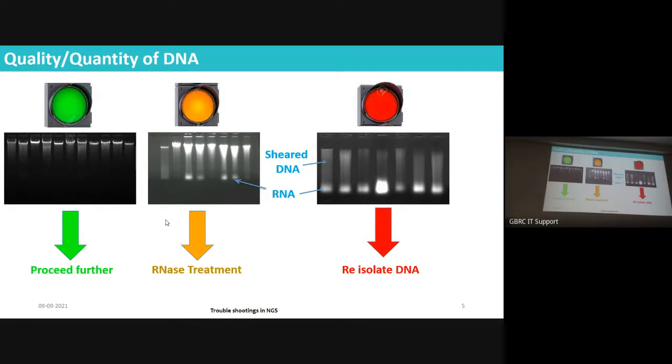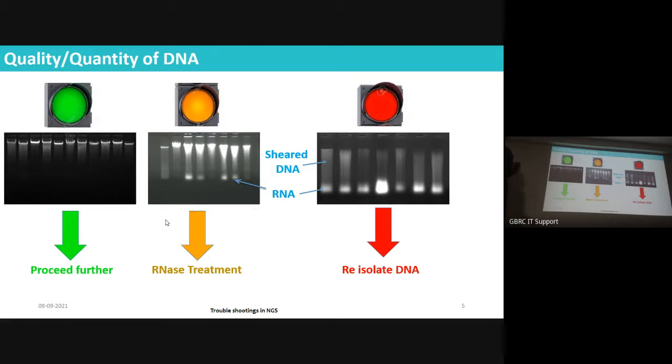Here, as you can see, there is also contamination of residual RNA. So probably you can do the RNase treatment and again go back, check on a gel, look at the ratios, and unless you are satisfied with your isolation techniques, you need not proceed further.